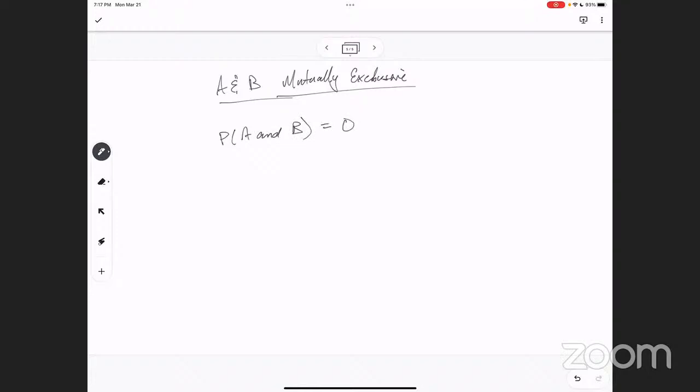That can't happen. And also the probability of A or B happening is equal to the probability of A plus the probability of B, because they're mutually exclusive.